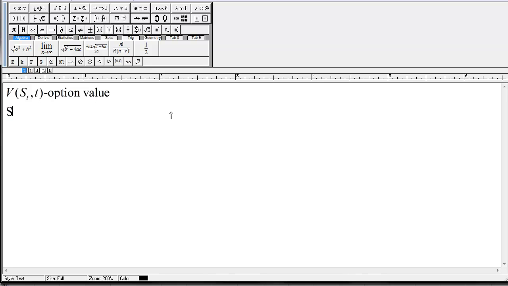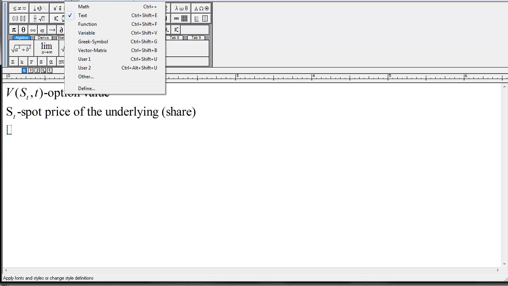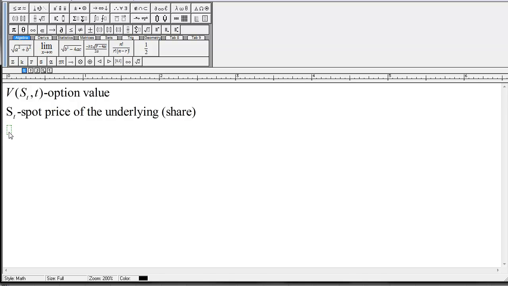So to make it complete, this is the spot price of the underlying, usually a share. Sorry, t is time. It's quite obvious. It's the usual notation.